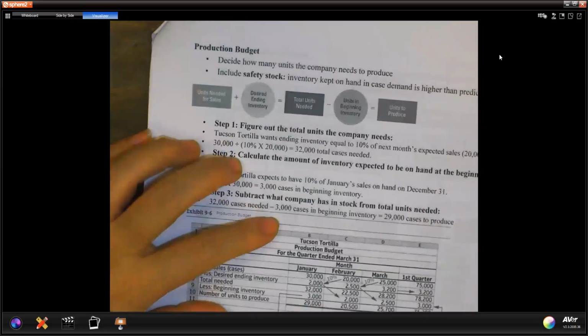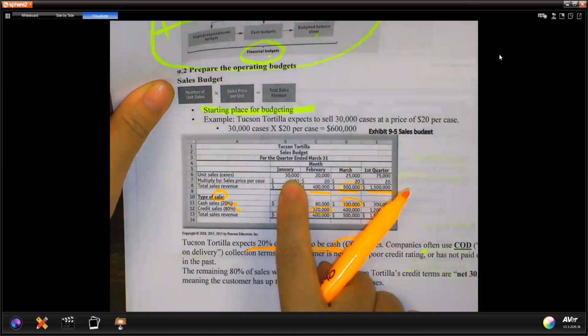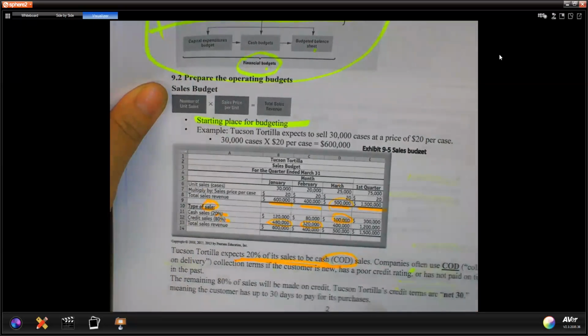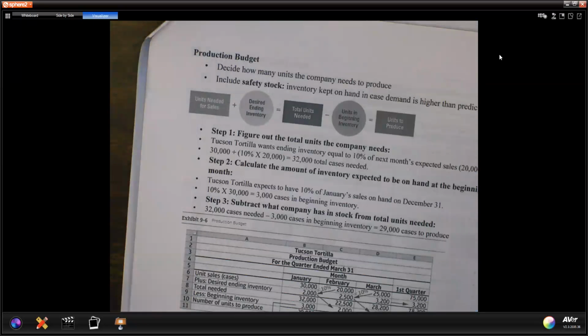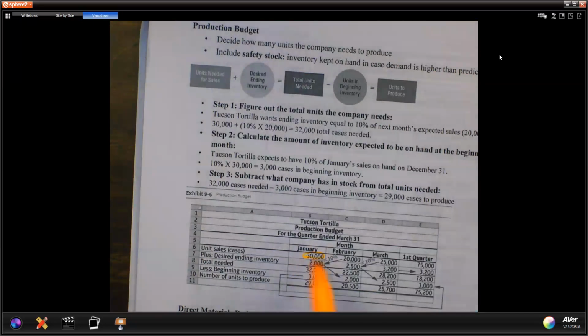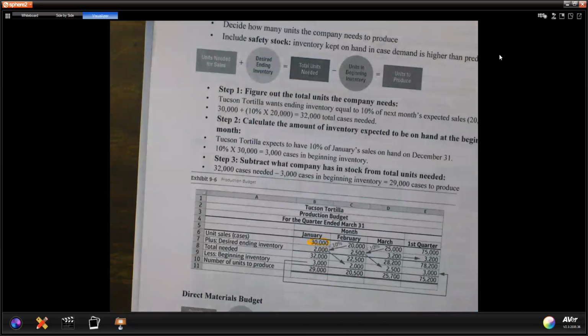Okay, so next part, then we talk about production. You thought, hey, you will sell 30,000 units, then how many units do you have to produce? Now we make our production budget. The production budget starts from the units you want to sell, and then you will have your ending inventory.